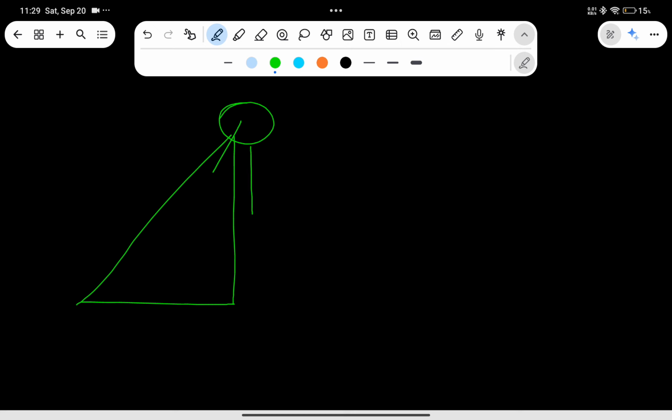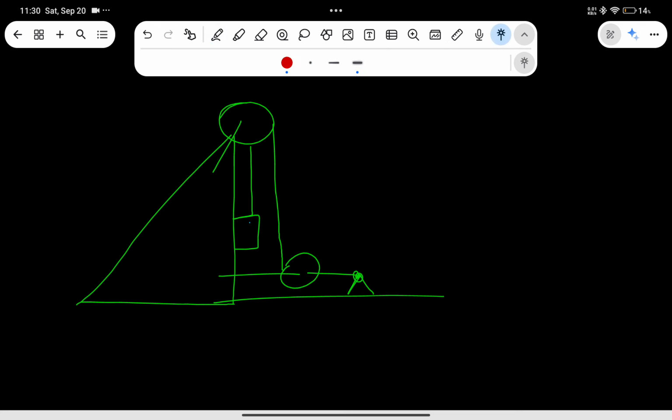So this was the block, like this, connected to this one. Now first of all you have to understand constraint motion. Let's say this is AA, and in the vertical direction there will be no acceleration here, but since the wedge is moving, this will move, and hence this pulley will also move in this direction.